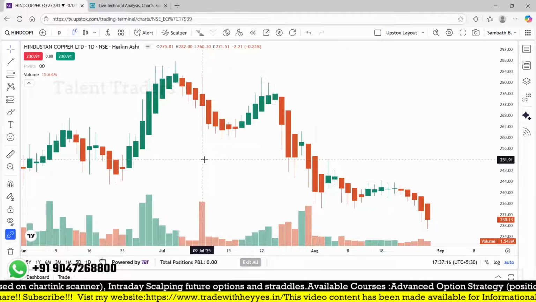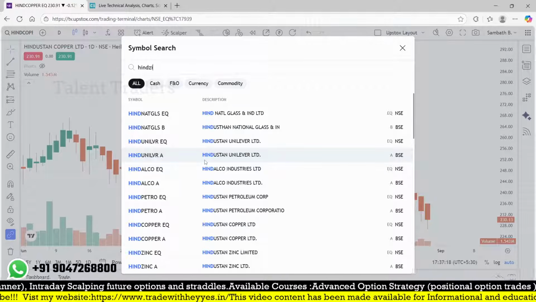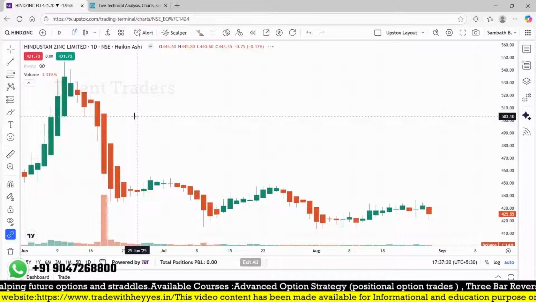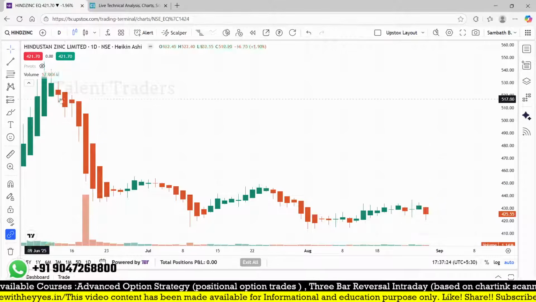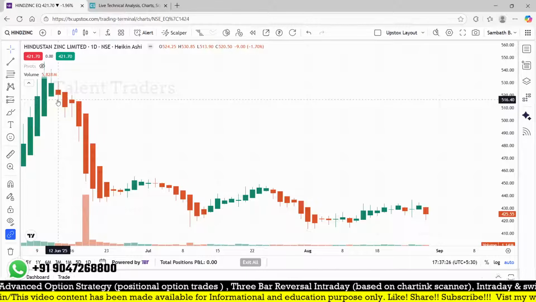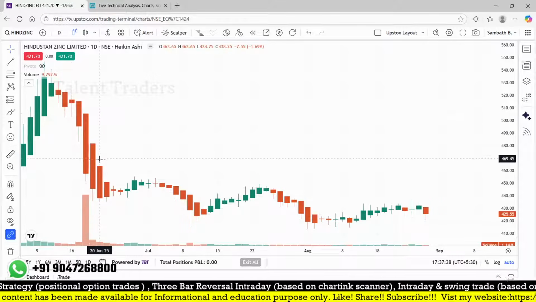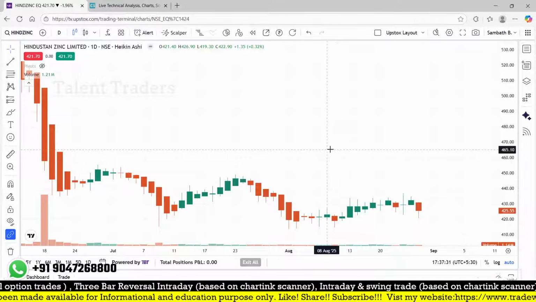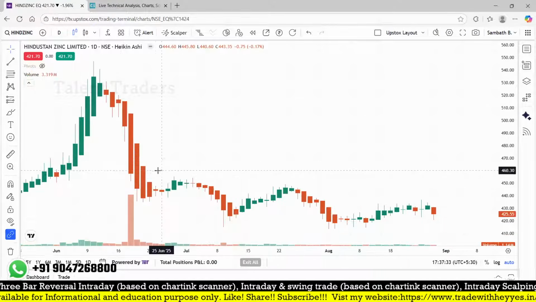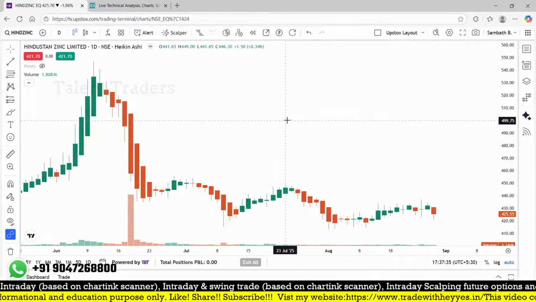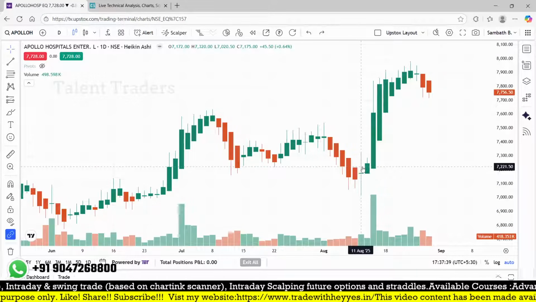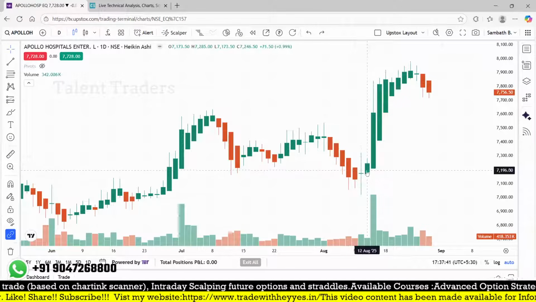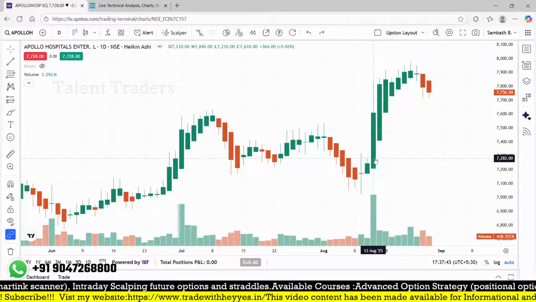Sorry, it's not about zinc. Based on the volume, here there is a doji or a spinning top kind of thing. In this case it is on the negative side, so we'll try to find such a pattern in the scanner. We will try to create the first one, which is a doji, and after it two candles with a green body.